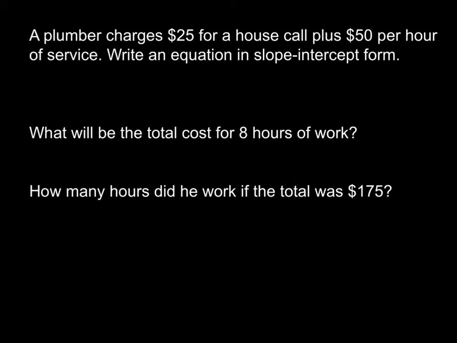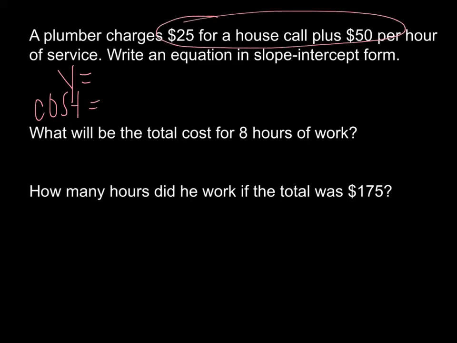So let's start with this problem. It says a plumber charges $25 for a house call plus $50 per hour of service. Write an equation in slope-intercept form. So we know we're going to have y equals, and this represents cost. They're going to pay $25 no matter what, plus $50 per hour.